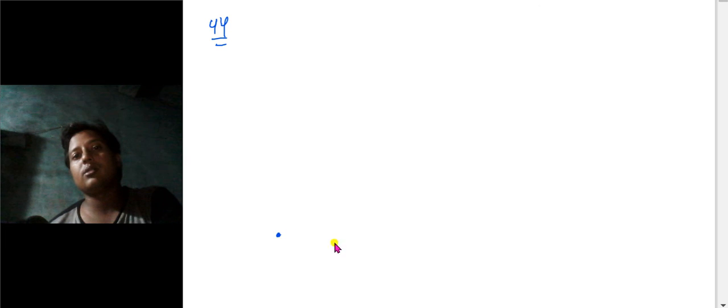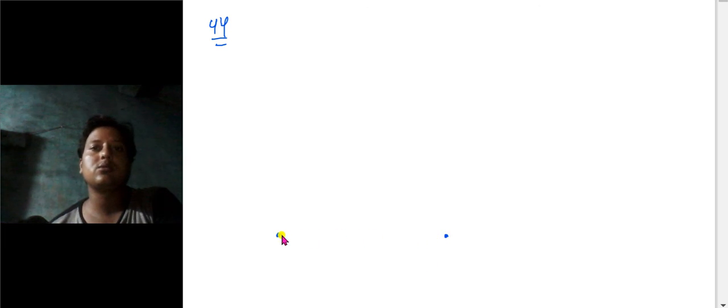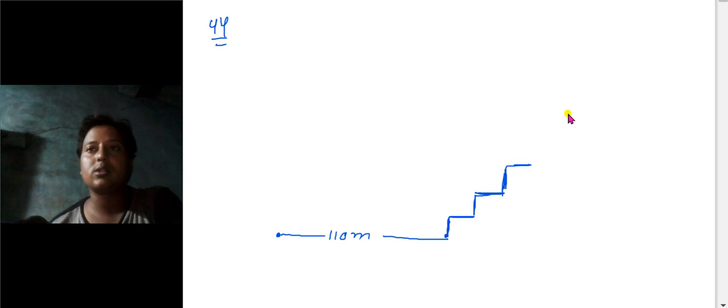from a player to a bench in cricket ground, total distance is 110 meter. Benches are 1 meter in height, 1 meter in length, 1 meter in height, 1 meter in length, and so on.